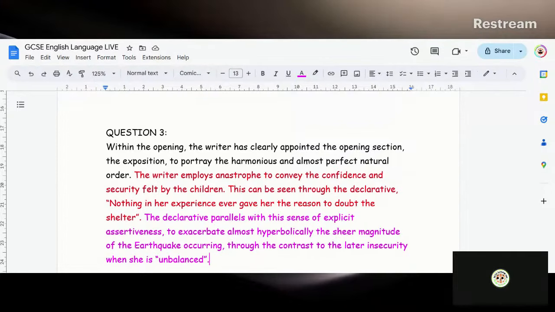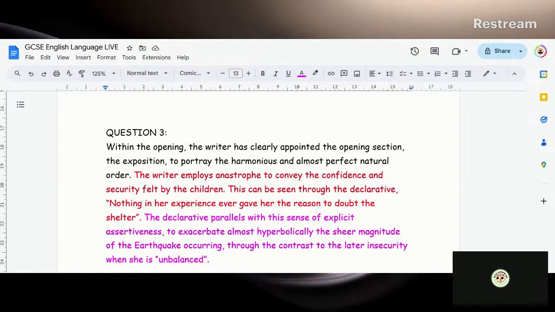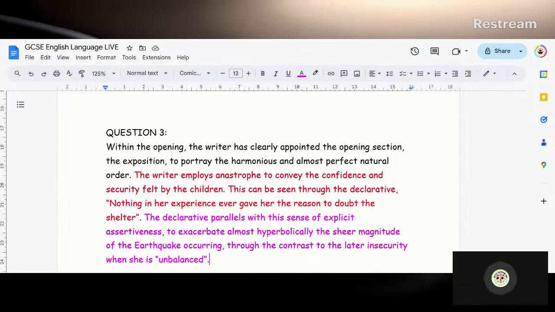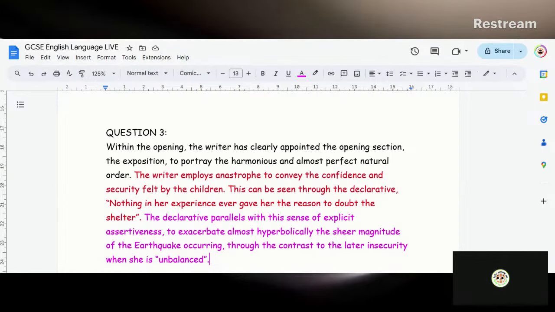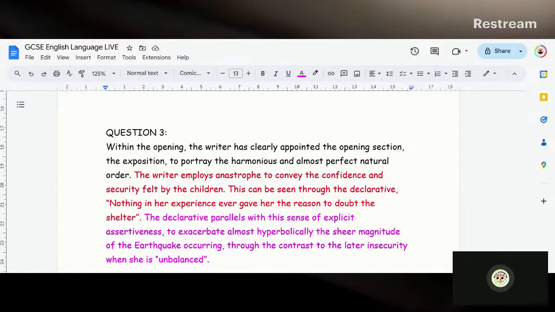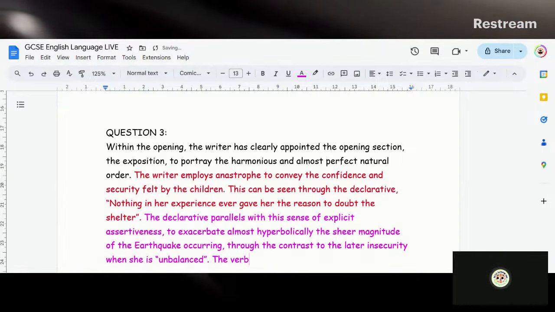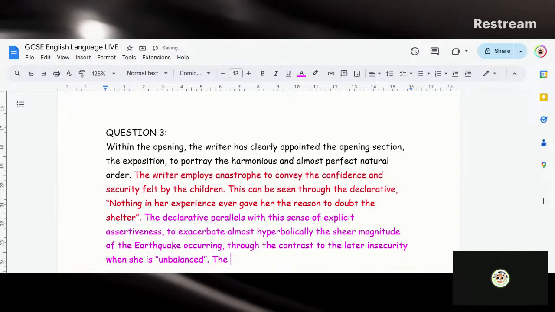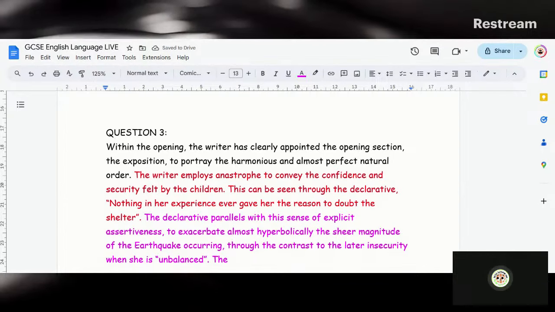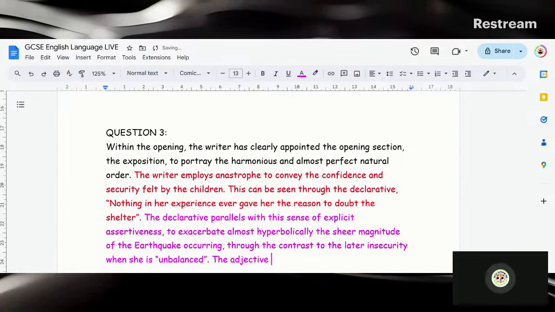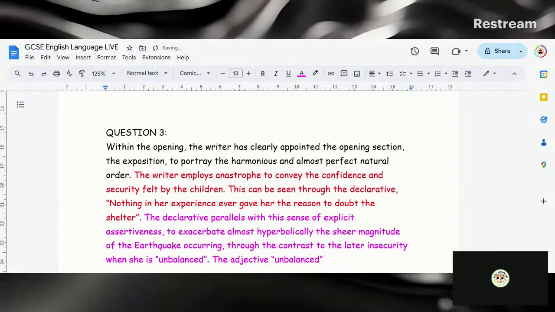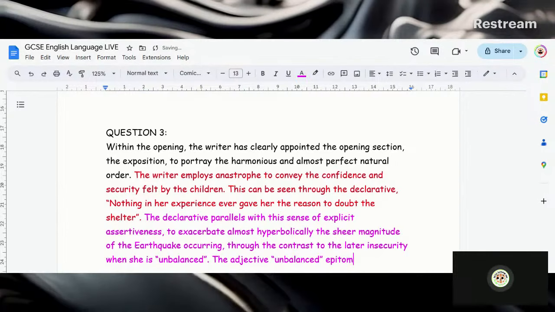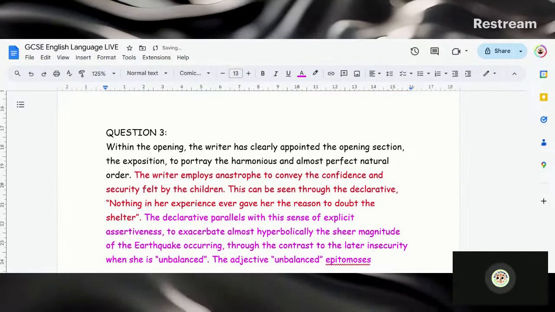Okay. Now, moving on. So, what can we say now? We can zoom in on unbalanced. So the verb, no, it is unbalanced. That's an adjective. The adjective unbalanced epitomizes, that's another good way of not saying shows.